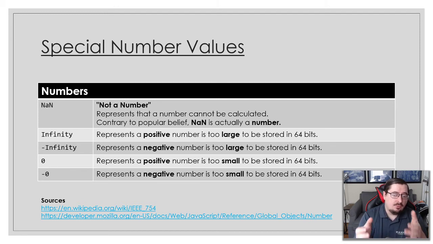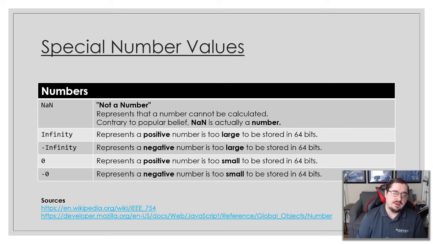But not a number represents that this thing cannot be assigned a numerical value, or that for the result of your calculation, there's no good answer. Next up is infinity. You can get a positive infinity, but this doesn't represent infinity as you're used to in the mathematical world.